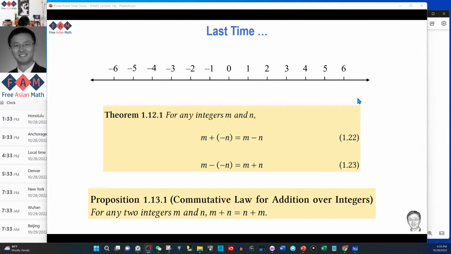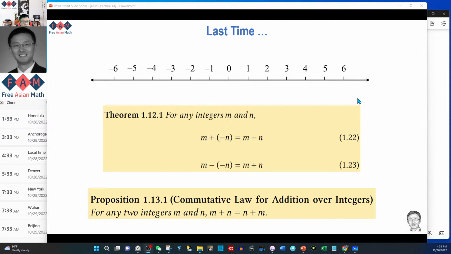So m plus the negation of n equals m minus n. And if the operation is not addition but subtraction, so m minus the negation of n, the result would be m plus n.